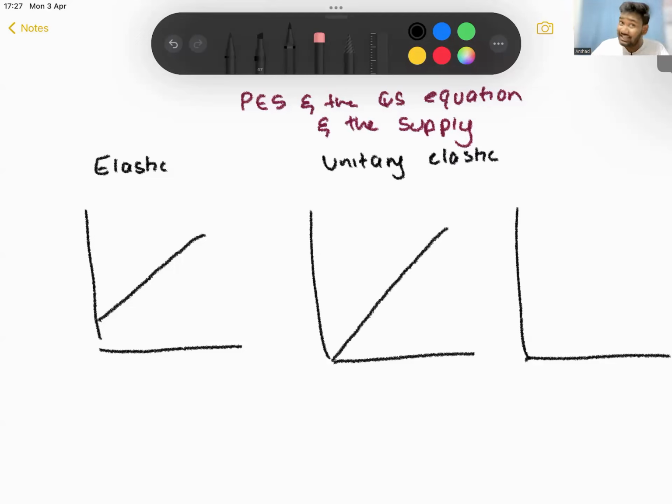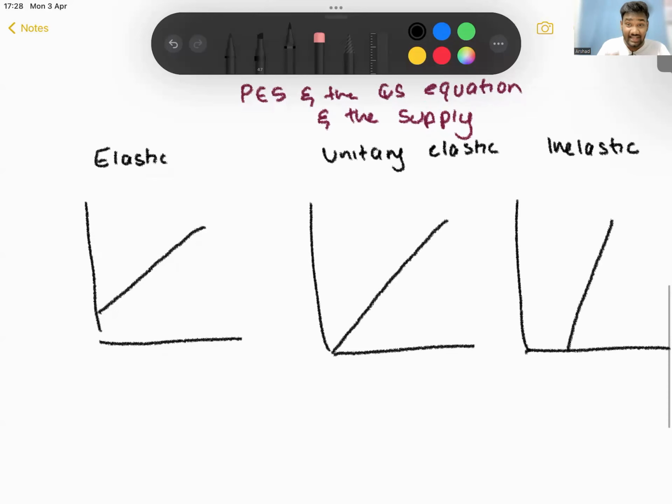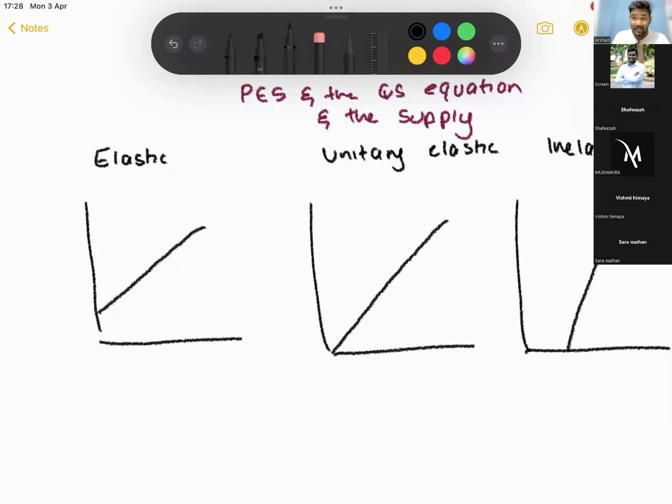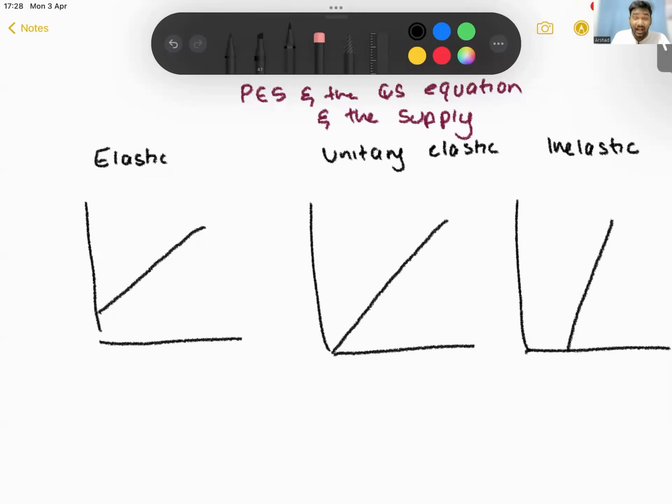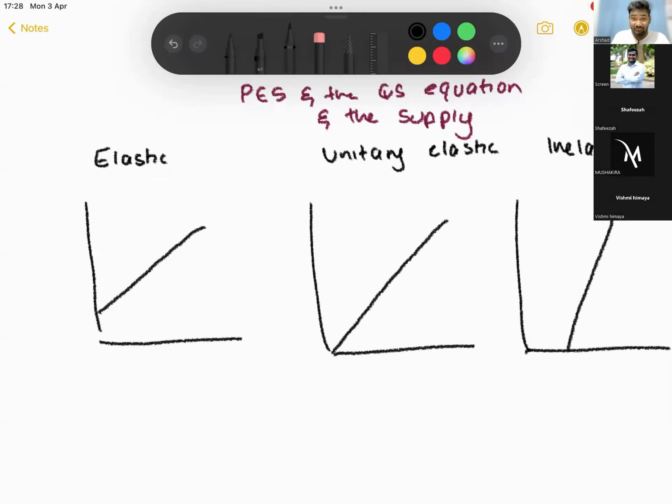Then how does an inelastic supply curve look like? It looks like this. This is what you call an inelastic supply curve. Now, what you need to know is from these three diagrams alone, there's a lot of things that you can figure out, guys. Just by looking at the diagram, you should be able to tell whether this is elastic or inelastic based on where it starts. If the curve starts from somewhere around here, you should say it's an elastic curve.